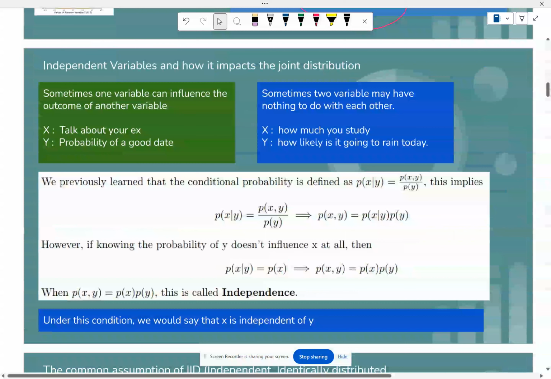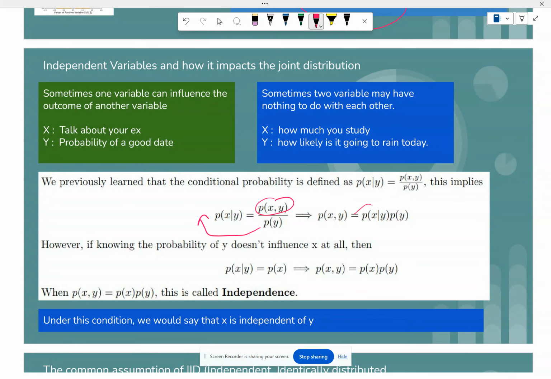So let's talk about independence. We previously went over probability, and we went over the concept of conditional probability. The conditional probability is the joint divided by the marginal, and when we move this over here, that means the joint is equal to the product of these two. The concept of independence comes in when knowing x doesn't change the probability of y.